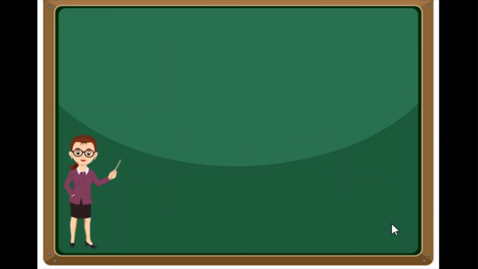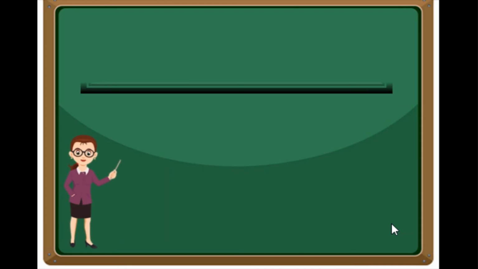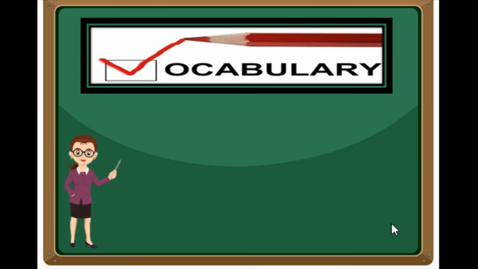Okay. Now, let's have vocabulary check. Alright. Repeat after me. Okay? I will say the word first and you say it after. Alright, let's have the first word. Listen. Say diagonals.